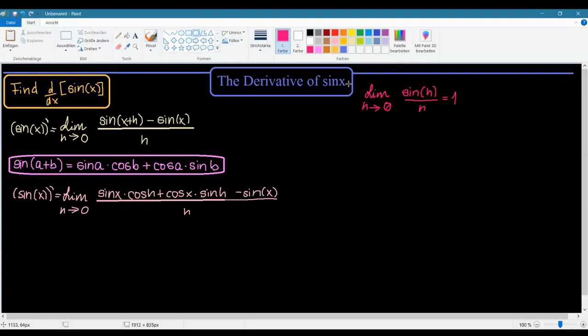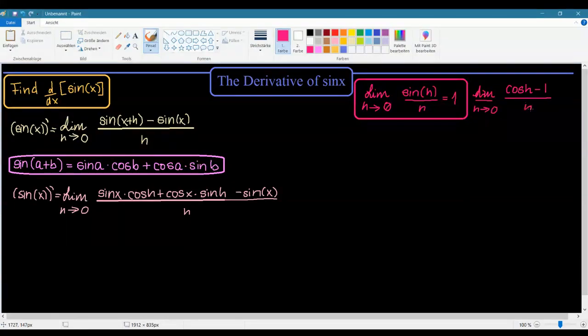And the second one is that the limit as h approaches 0 of cosine h minus 1 over h is 0.